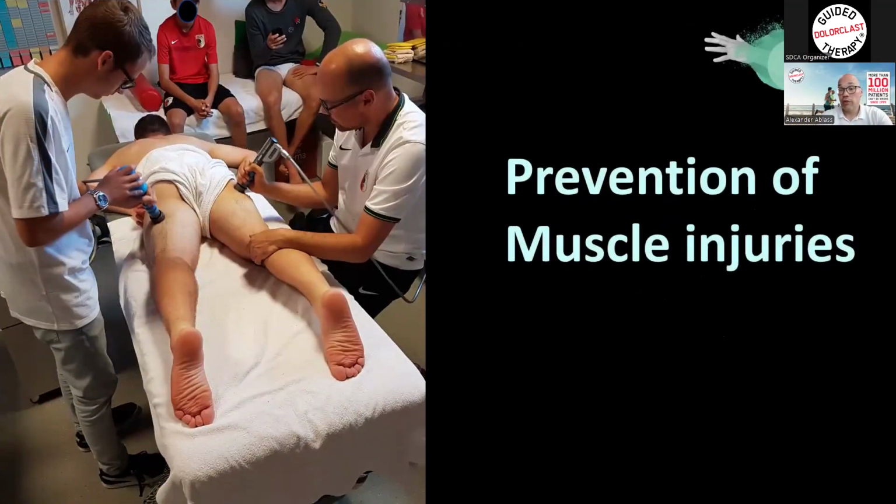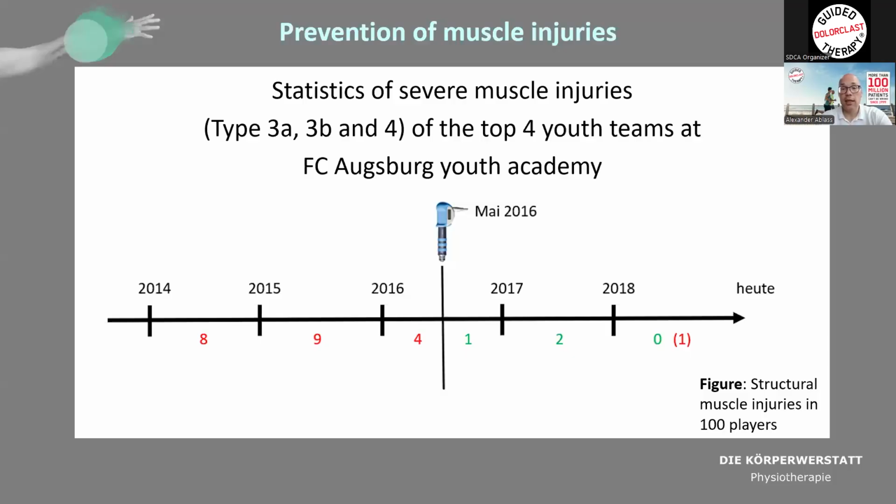But also prevention of muscle injuries is even more important than treating the muscle injuries itself. So you don't need 2 devices. This was just one of my apprentices, but we have statistics about severe muscle injuries. The highest level of muscle injuries of the top 4 youth teams we had was in 2014 until the first half of 2016. You can see we had a high amount of severe muscle injuries.